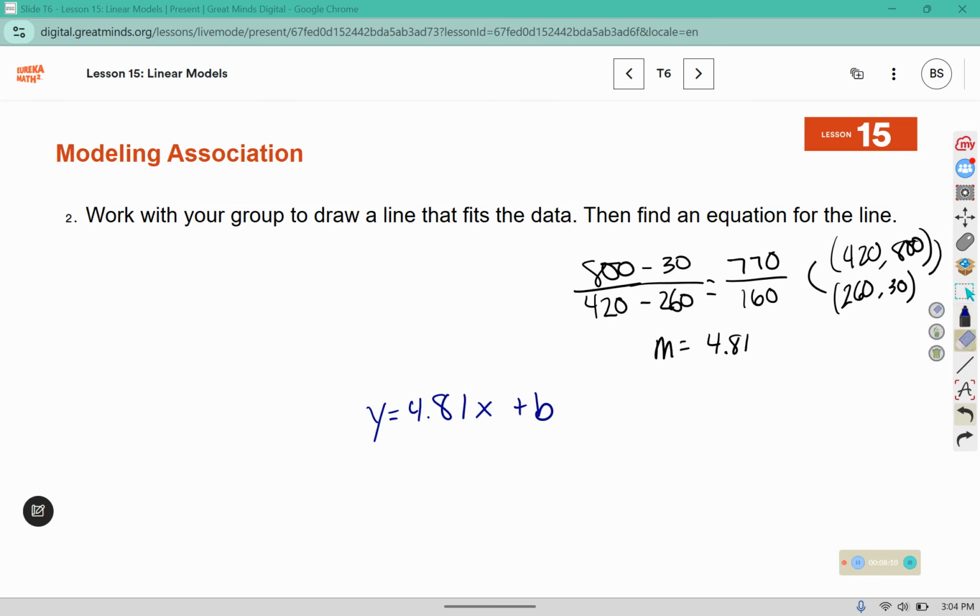To solve it for b, we're going to replace the x and y value with one of the x and y values from these points. So I'm going to use 260 and 30. 4.81 times 260 is 1,253.2.